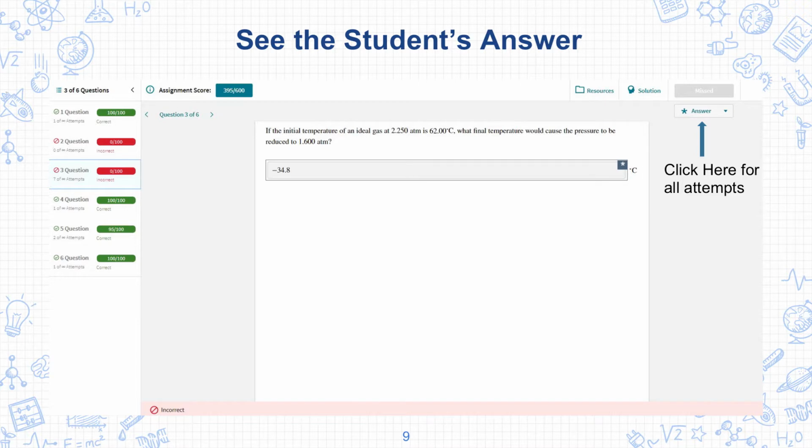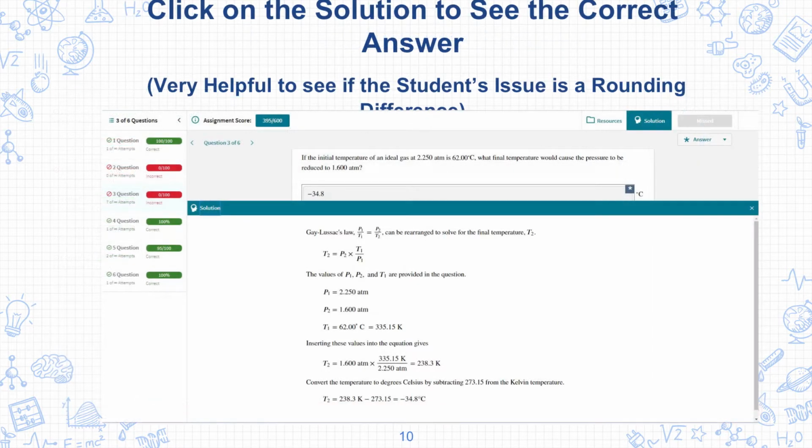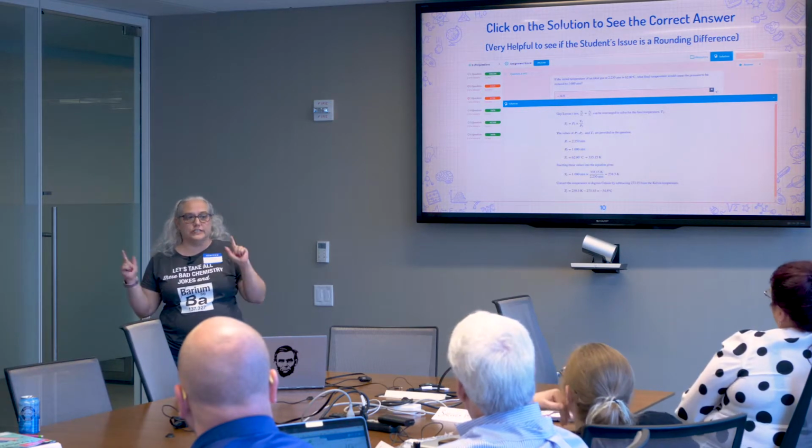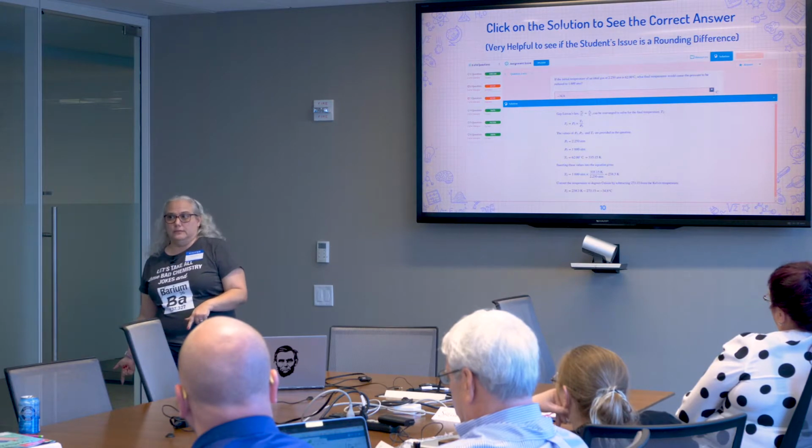You can go into that student's assignment. You can see their answer, which in some cases will give you a clue as to what they're doing wrong. You can click to see every single attempt, and you can also click on what the correct answer to their version of the problem is, which is really useful to see if they got it wrong just due to rounding differences, or if they actually don't know what they're doing.